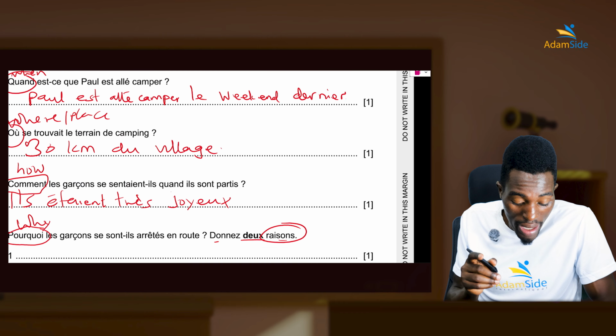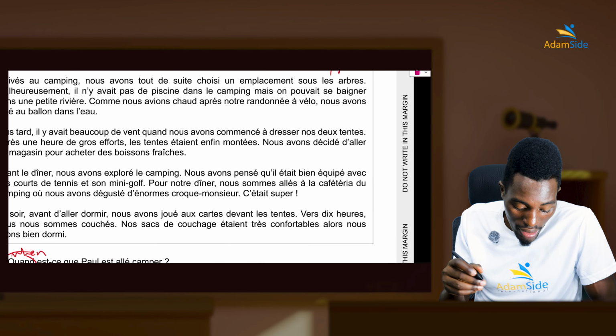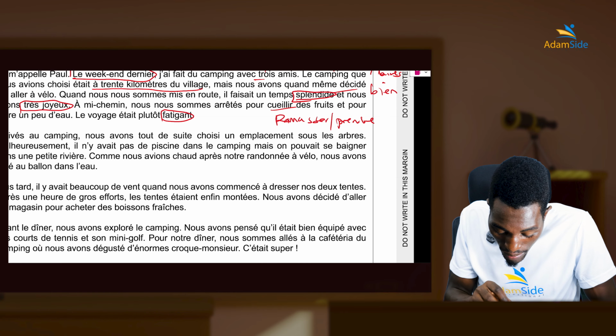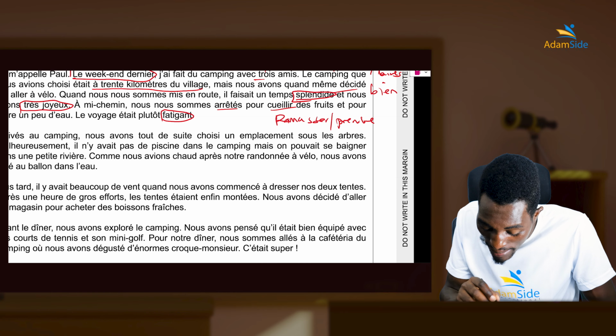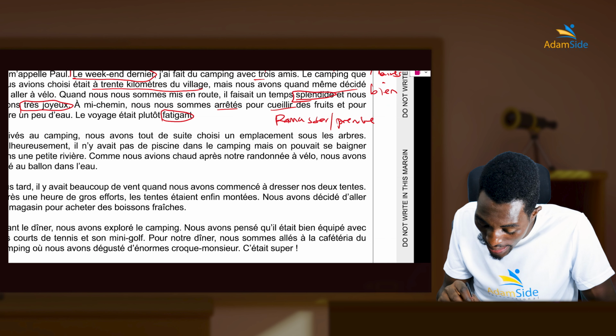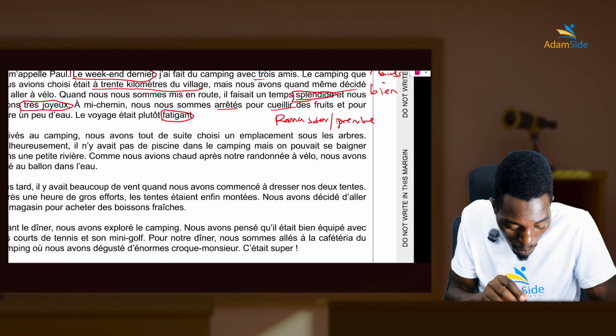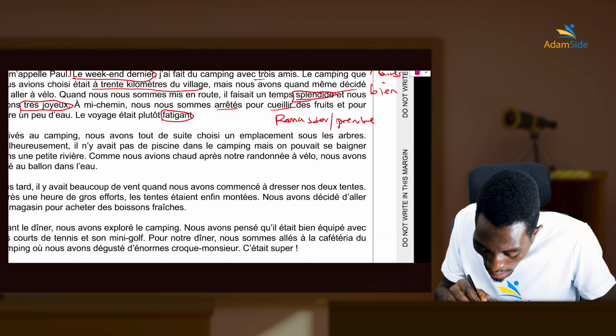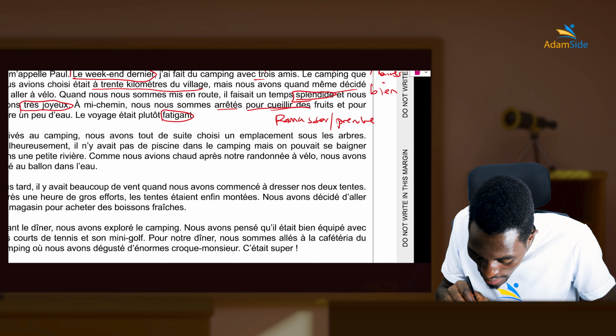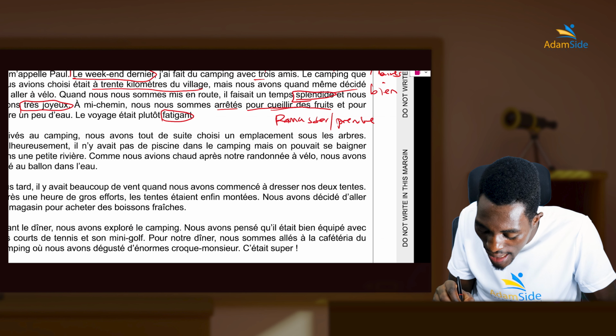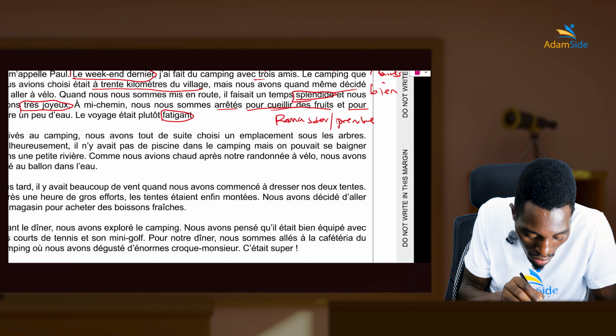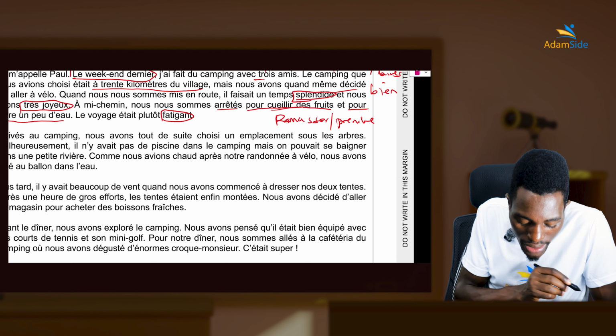As you can see, all my answers are from the text. Then let's get back. À mi-chemin, nous nous sommes arrêtés, stopped, pour cueillir des fruits et pour boire un peu d'eau. So they stopped for taking fruits and for drinking water.